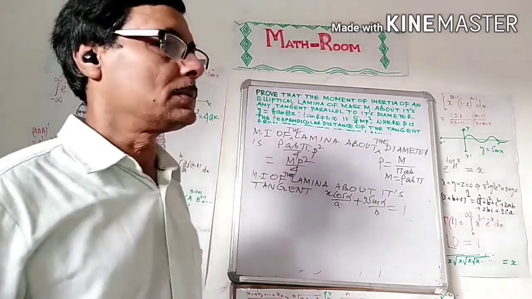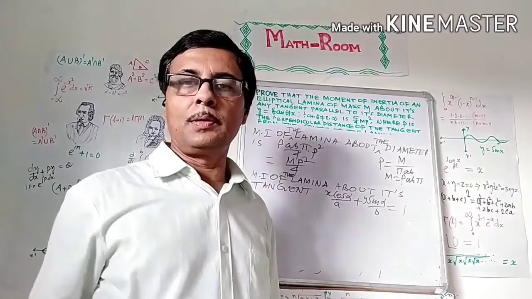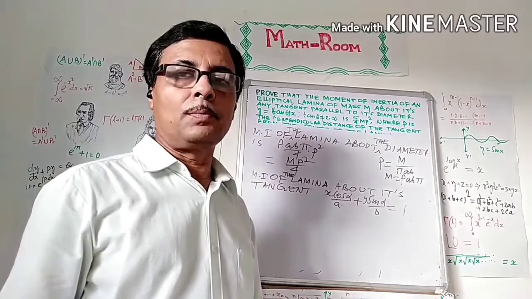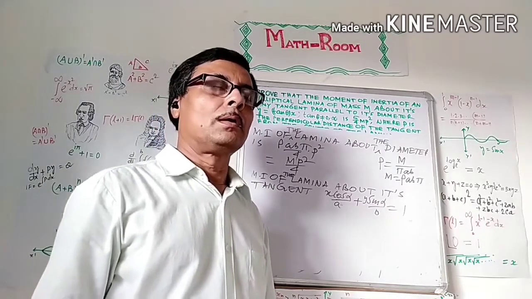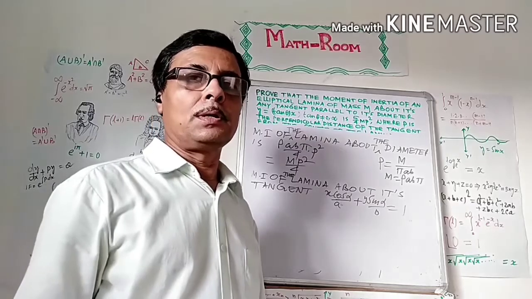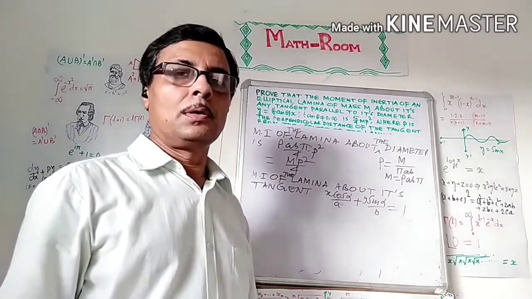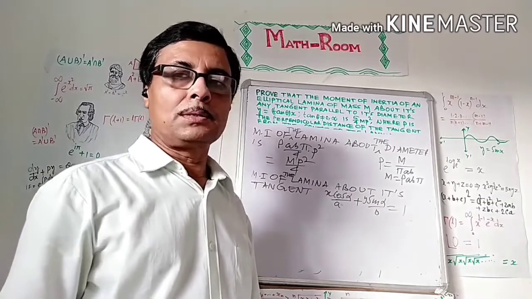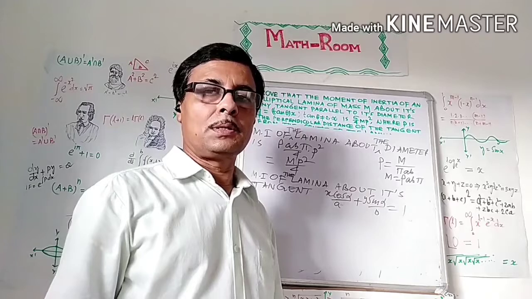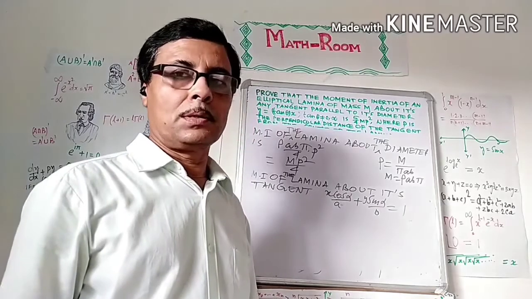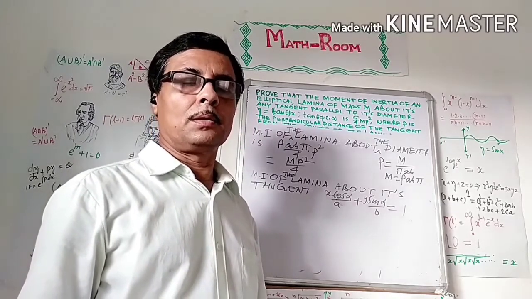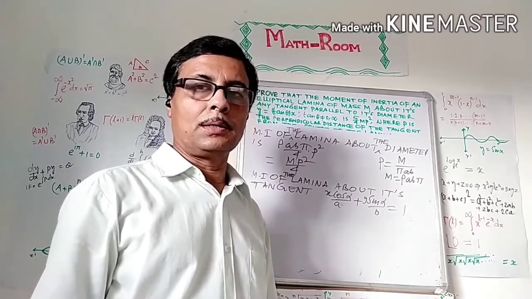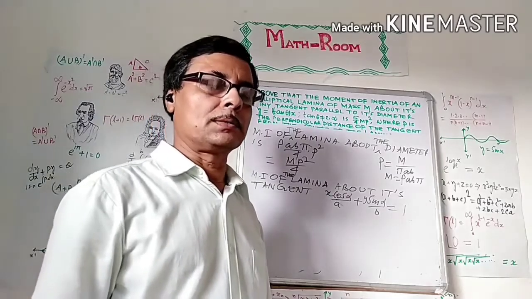The parallel axis theorem is that the moment of inertia of any body is equal to the sum of the moment of inertia of this body about an axis through its center of gravity plus mass into the square of the distance of the center of gravity from the other parallel axis.